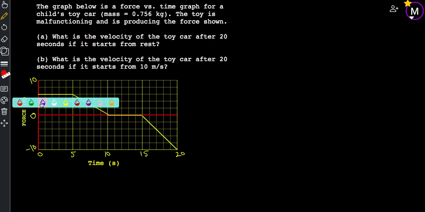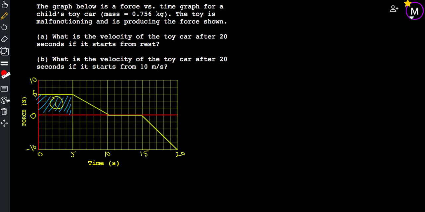First, from 0 to 5 seconds, the force is 6 Newton from this graph, and the change in momentum is the area under this rectangle. Let us say this is 1.